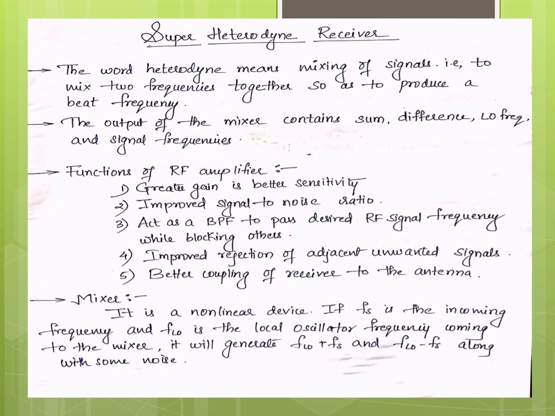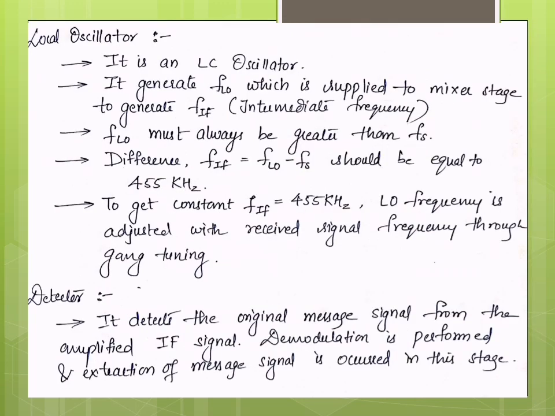It is not necessary that it always takes FLO minus Fs. We are studying only this case, but sometimes it also takes FLO plus Fs, that is up conversion. This is actually down conversion, so we need only study this FLO minus Fs.